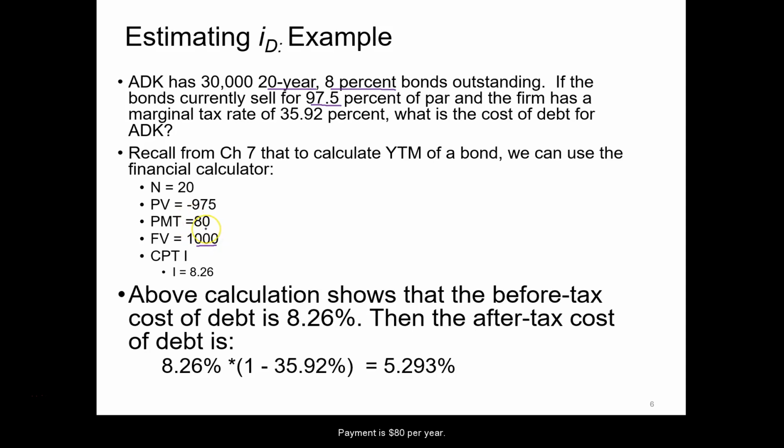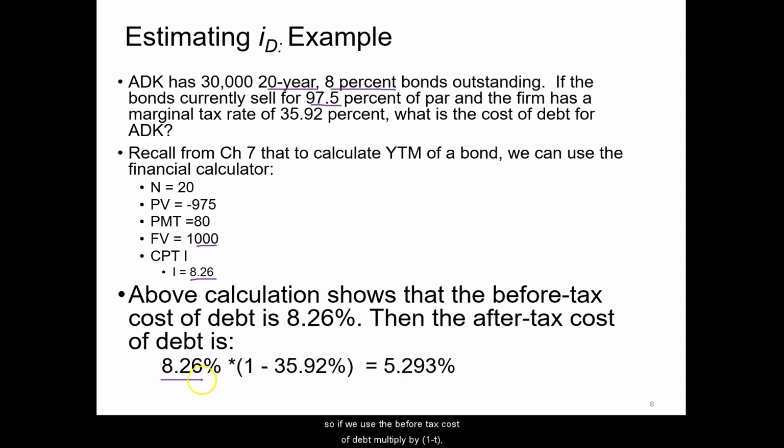Payment is $80 per year. So then we can just compute I/Y, and I/Y turns out to be 8.26, and that is the 8.26% yield to maturity, and also the 8.26% before-tax cost of debt.